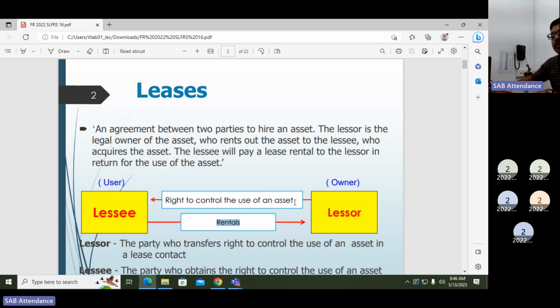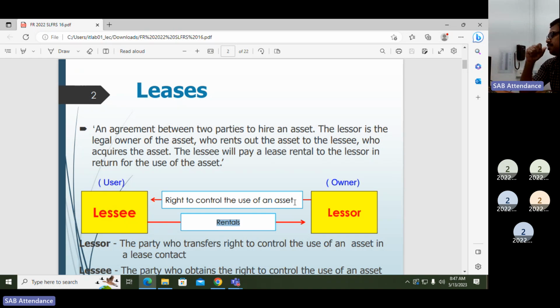A lease, in simple terms, is a rent, right? When you are getting an asset, a vehicle, building, equipment, any asset, what we normally call rent, the more official term is a lease.